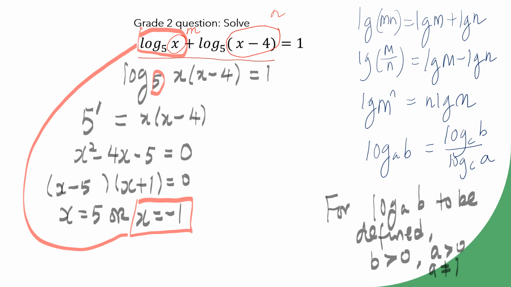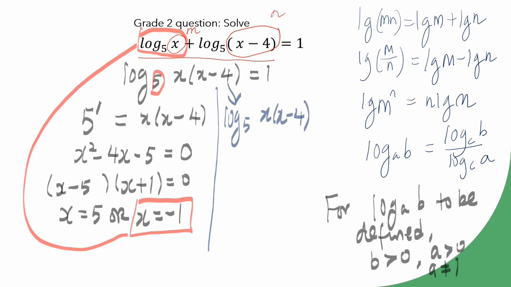Okay, so this is one way of doing it. You just convert it to index form. Now another way of doing it, if you want to solve a logarithmic equation, is you just have to make sure you have log on both sides so that you can just cancel off the log. What do I mean by saying that? Right, so if you were to continue from here, I have log base 5 of x(x minus 4).